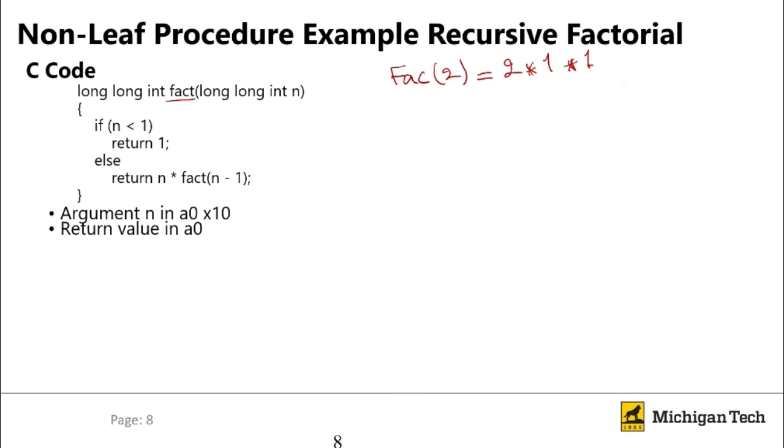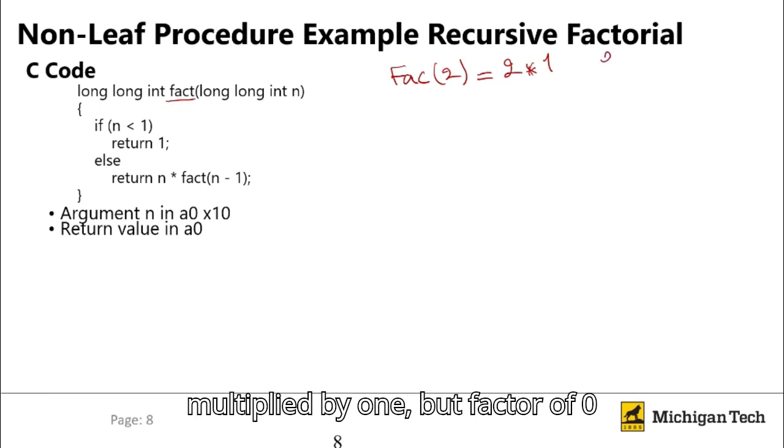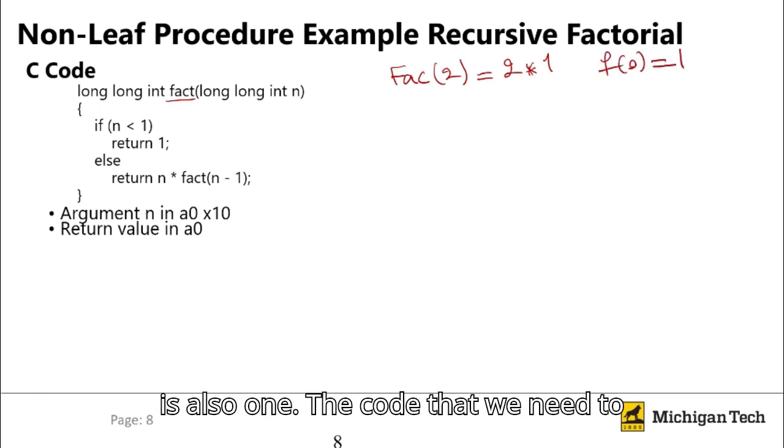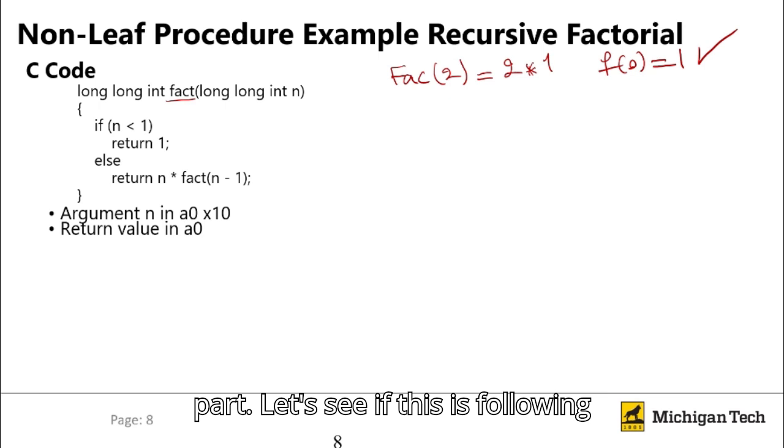So actually factorial of 2 is just 2 multiplied by 1, but factorial of 0 is also 1. The code that we need to write needs to cover this part. So let's see if this is following that.